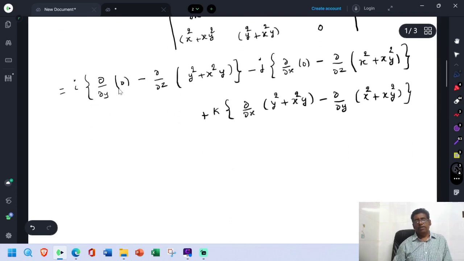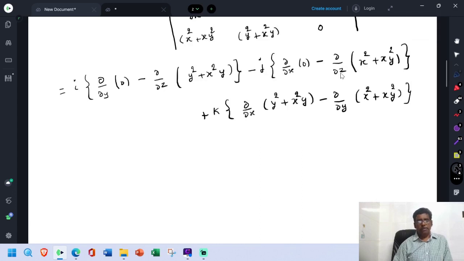Dou by dou y of 0 is 0. Dou by dou z of y square plus x square y is also 0 because these two terms are free from z. This is also 0 because these two terms are free from z.